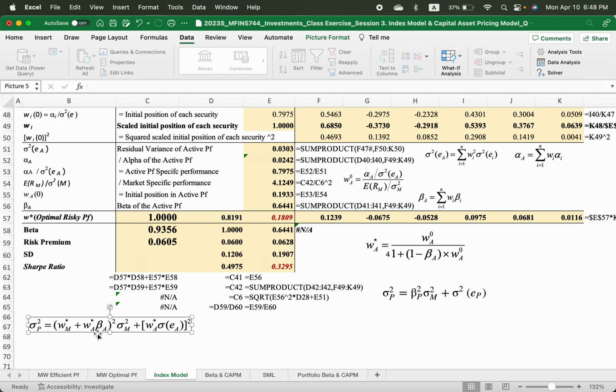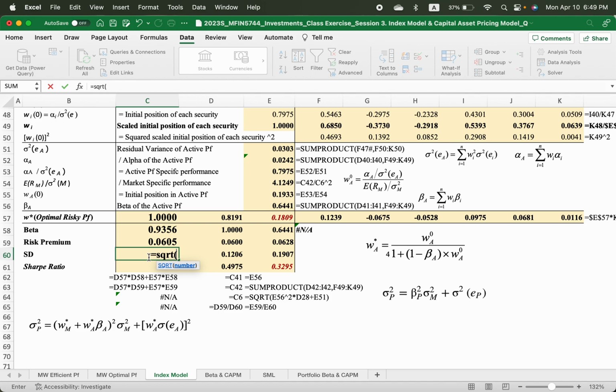The weight of the active portfolio and beta of the active portfolio and the variance of the market, and then finally the weight of the active portfolio squared with the residual standard deviation to the power of 2, the variance of the residual. So here that is the variance of the portfolio, but we need to use the square root so that we get the standard deviation of the overall portfolio.